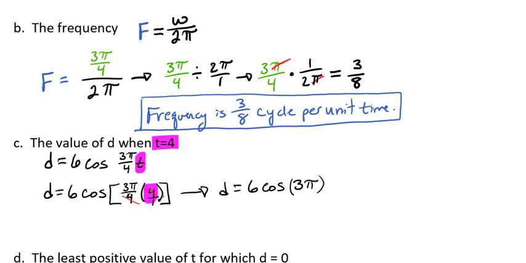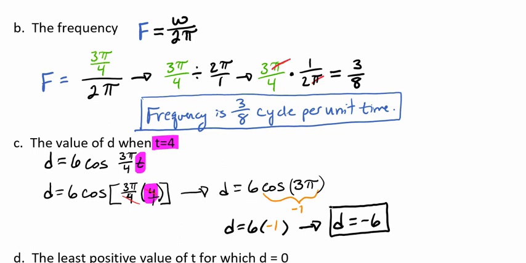The cosine of 3 pi equals -1. So d equals 6 times -1, or in other words, d equals -6. So we've found the value of d when t equals 4.